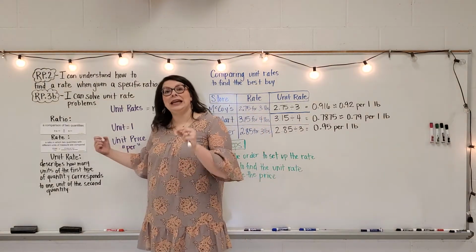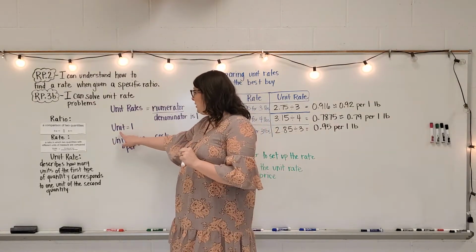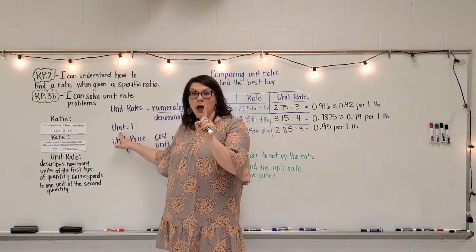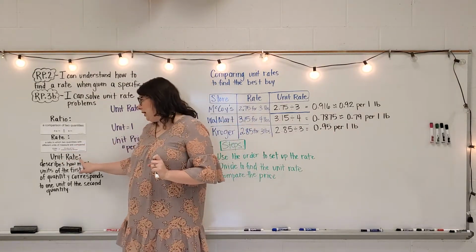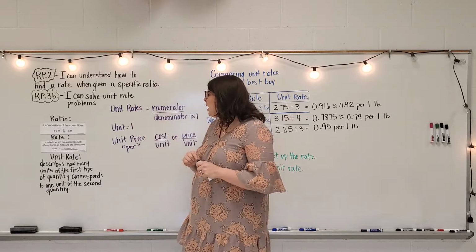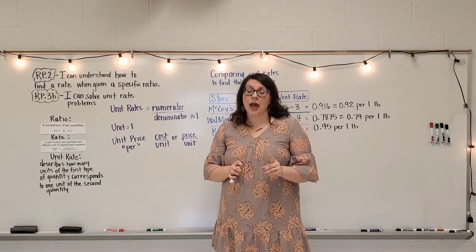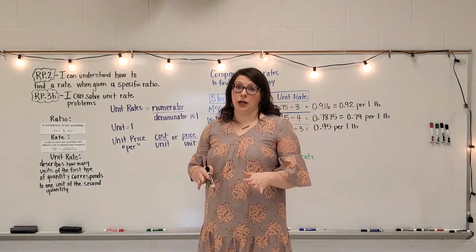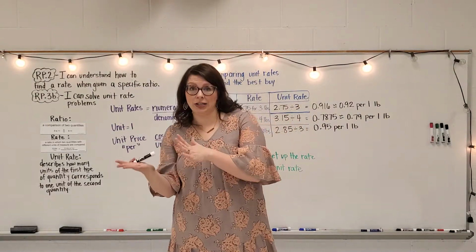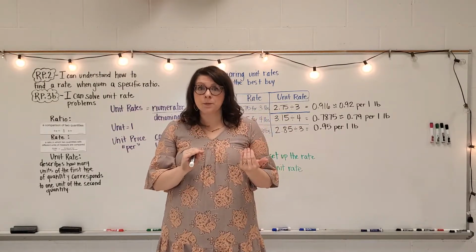And then we get even more specific in a unit rate. The word unit means one. So a unit rate describes how many units of the first type of quantity correspond to 1 unit of the second quantity. Now, if you'll remember from our first video, a ratio and a fraction are the same thing. A ratio can be written as a fraction.